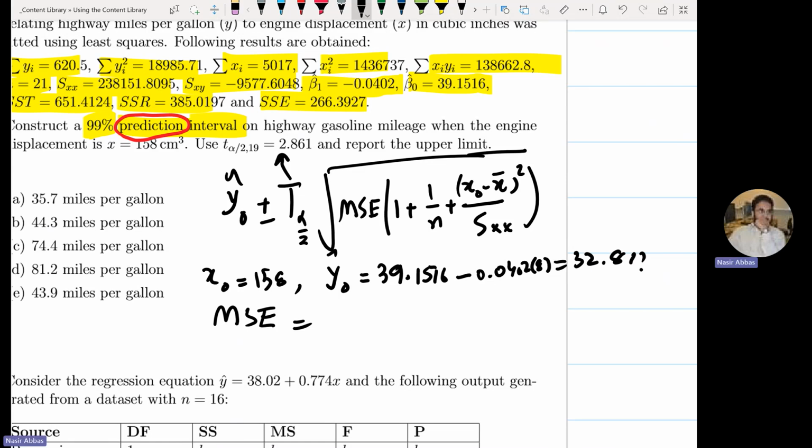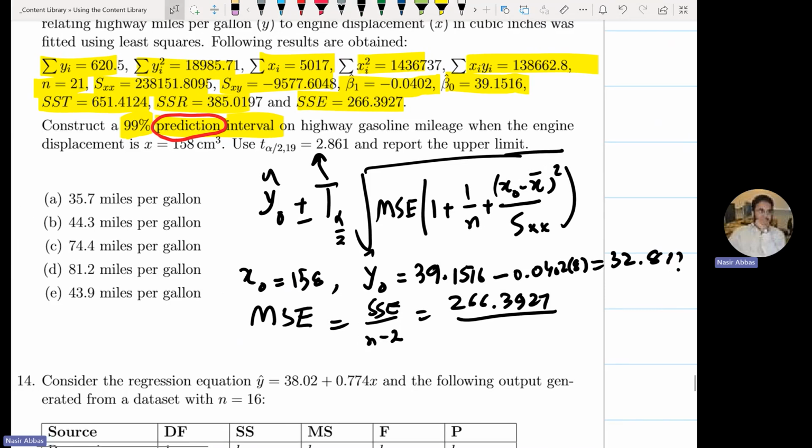The next thing is how to find MSE. What is MSE? For simple linear regression, it is SSE over n minus 2. SSE is given or not? It's given. So it is 266.3927 over n minus 2. What is n minus 2? 19.